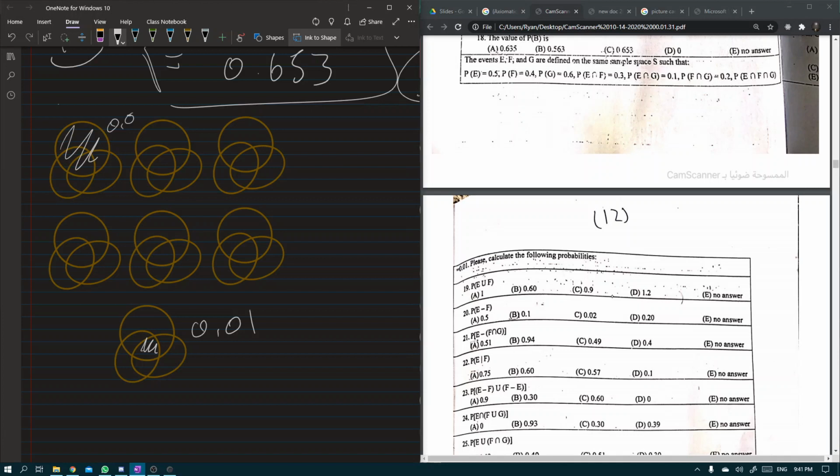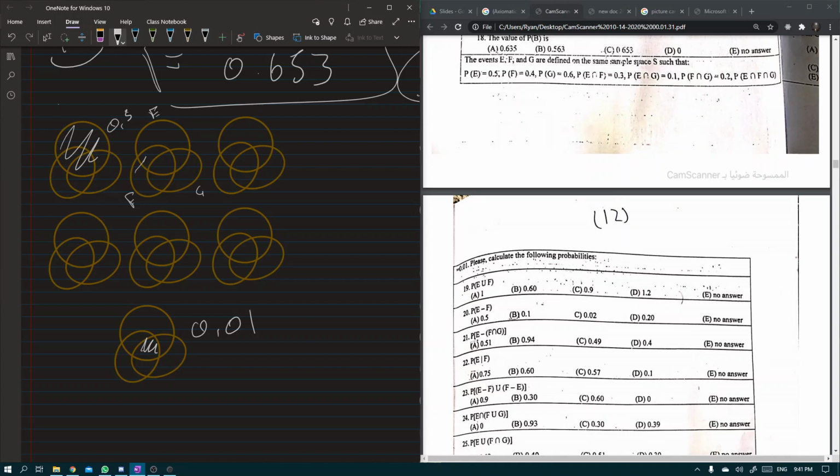Okay, this is 0.01. 0.05. F. What are we doing? This question.